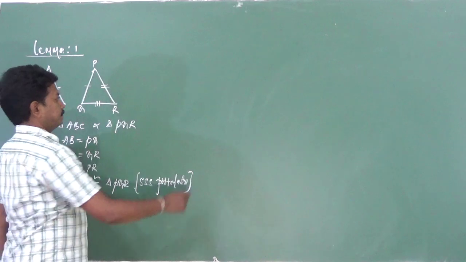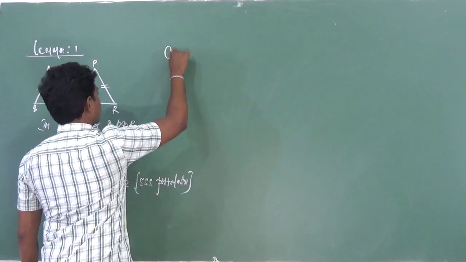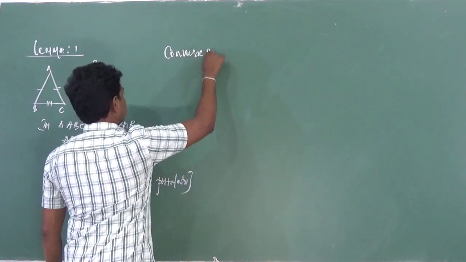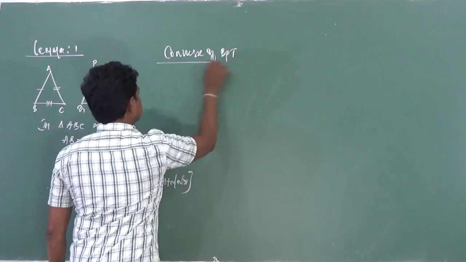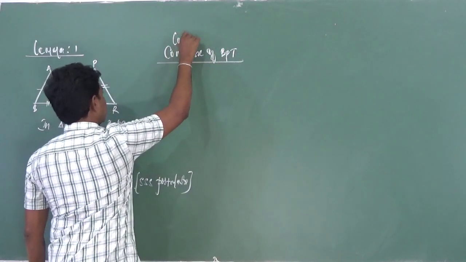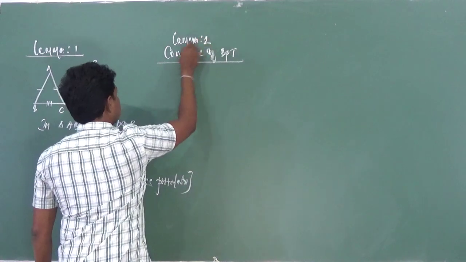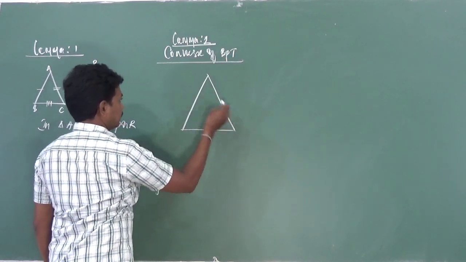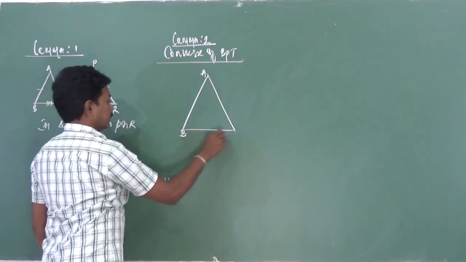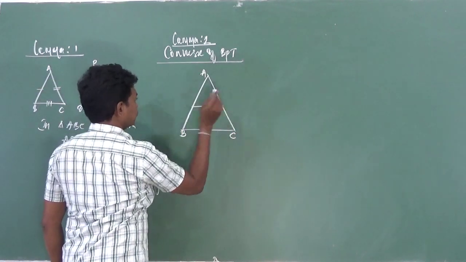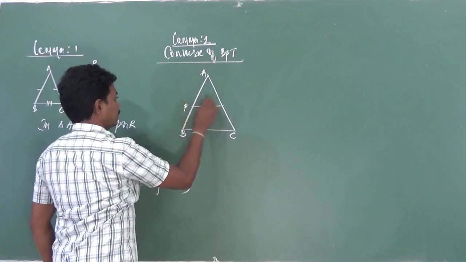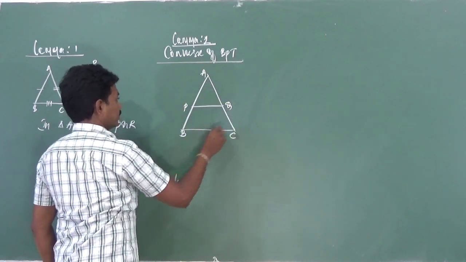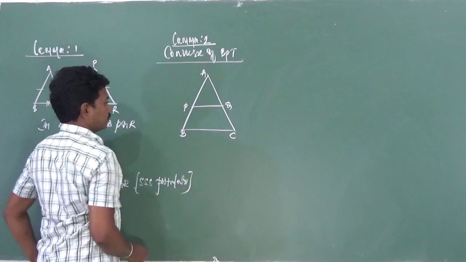Then comes the converse of BPT. Once again it's very important, that becomes lemma 2 here. You have a triangle, let us call it triangle ABC. A line is drawn in such a way that it divides the other two sides proportionately, then it is parallel to the third side.